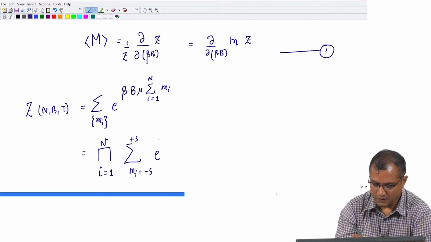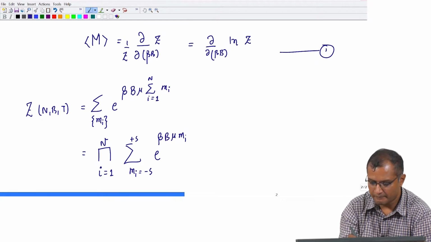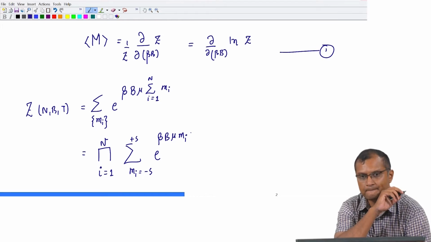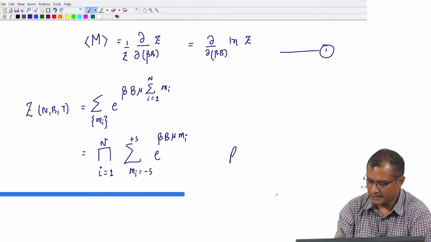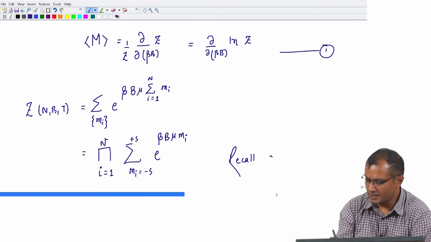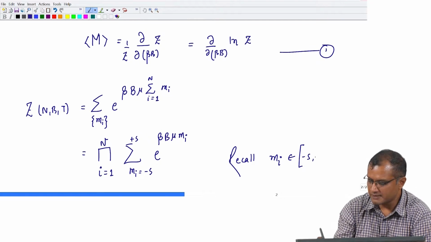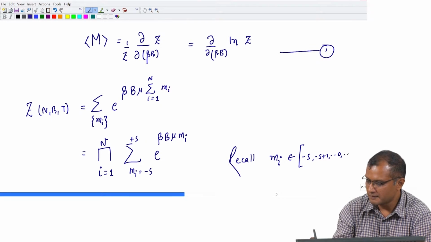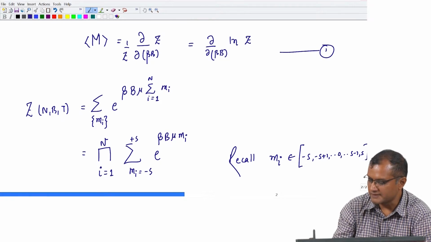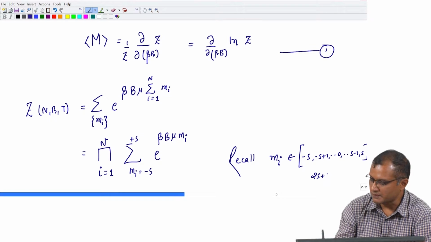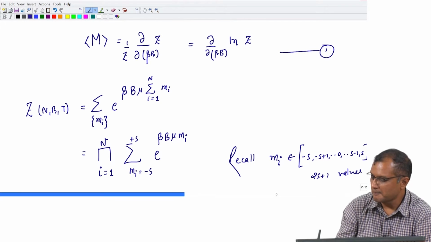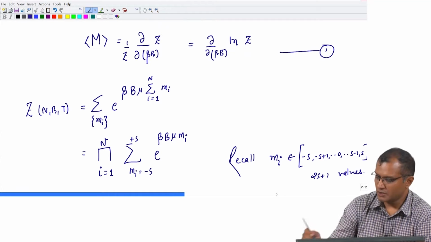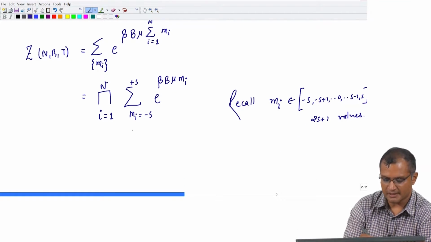I will sum up over all these exponents. Recall that our excitations are from the set minus s to s, 2s plus 1 values. Now, you can see this summation that is inside.